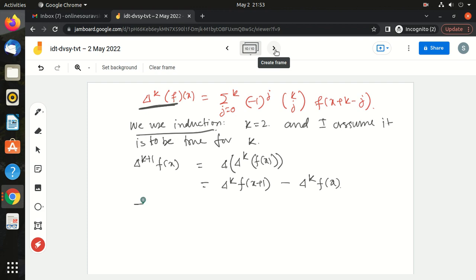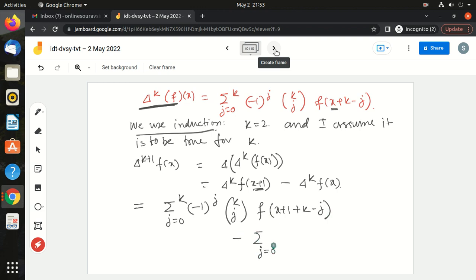So you get summation over j from 0 to k, minus 1 whole to the power j, k choose j, and now instead of x I write x plus 1, f of x plus 1 plus k minus j, and then minus summation over j from 0 to k, minus 1 whole to the power j, k choose j, f of x plus k minus j.